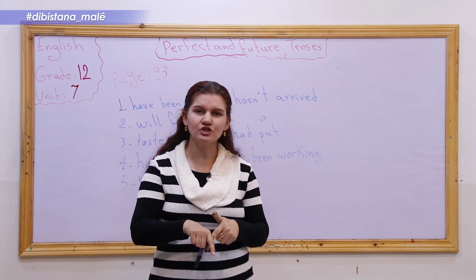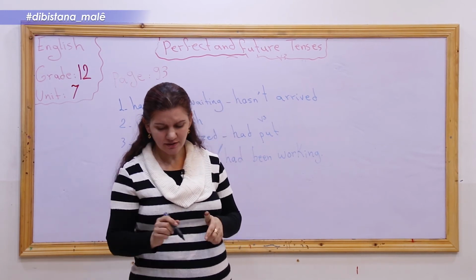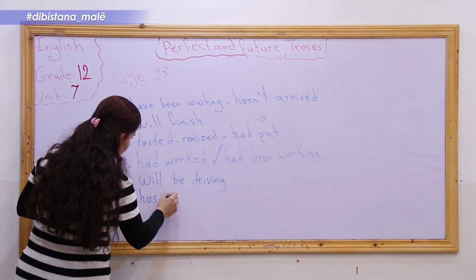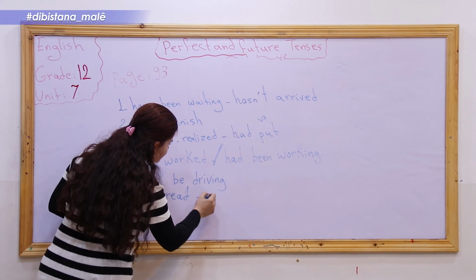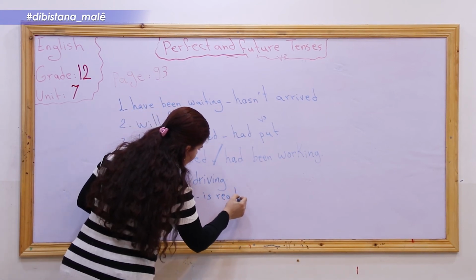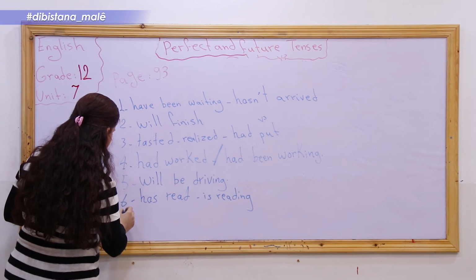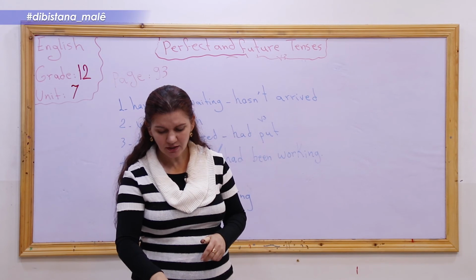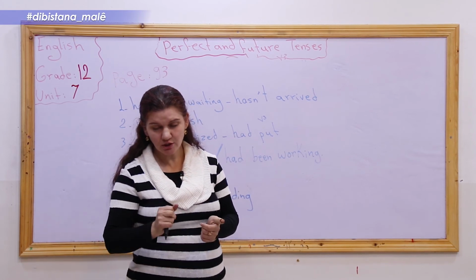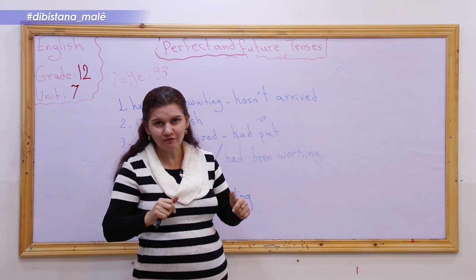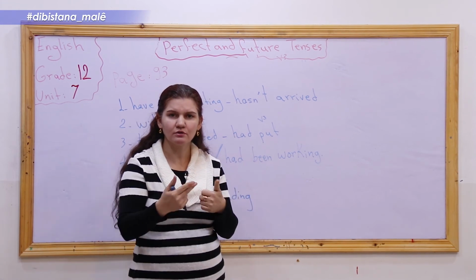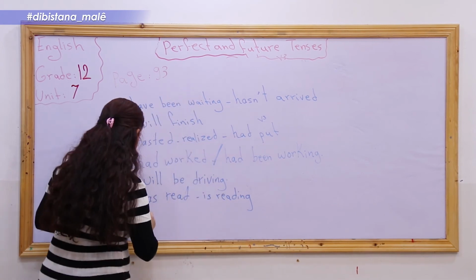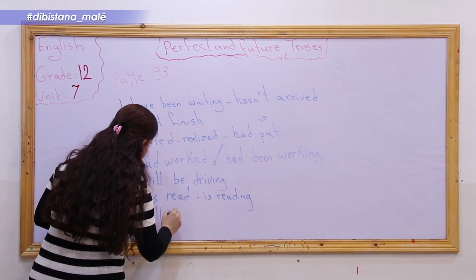Both are acceptable. Number 7: I pay for the meal if you don't have enough money. It should be will pay.